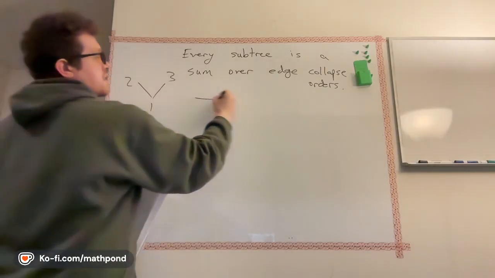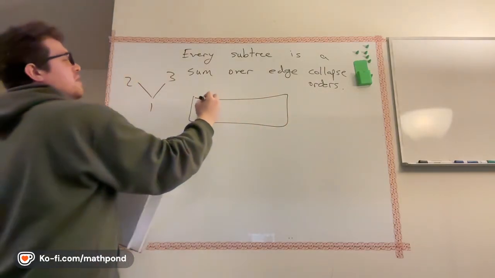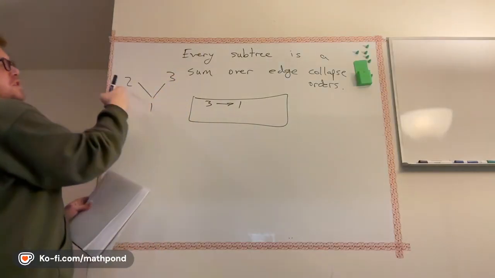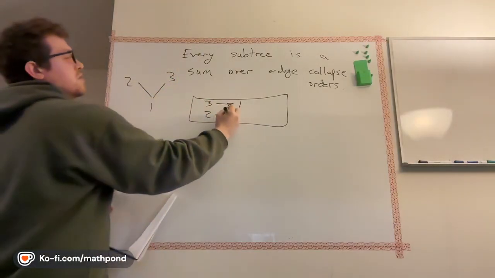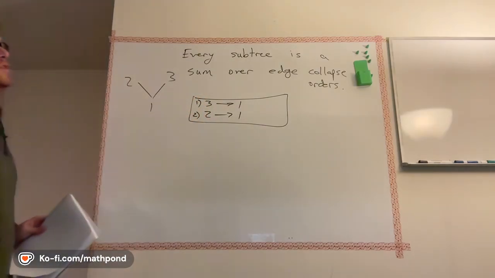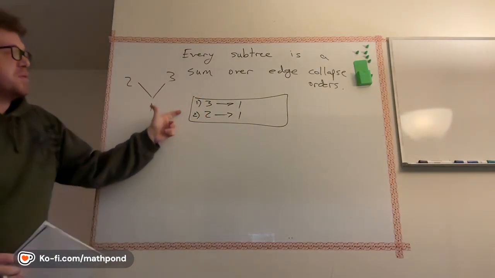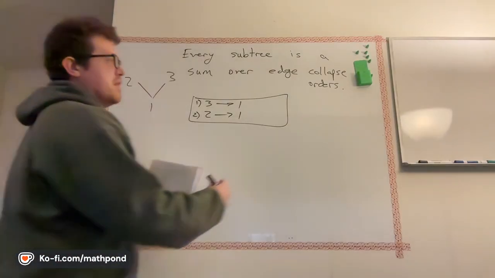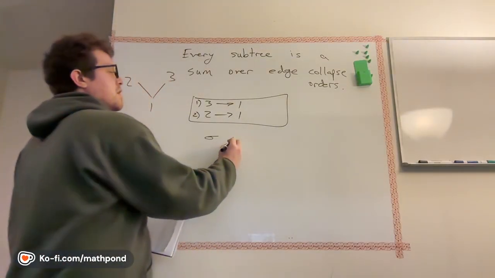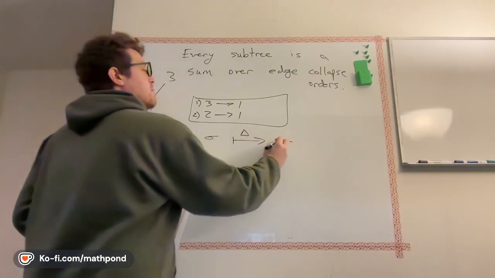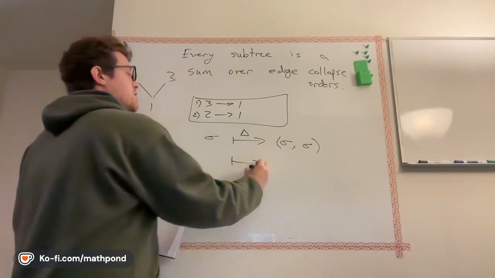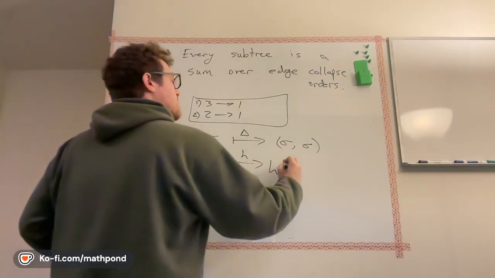So one particular collapse order is 3 collapses into 1 first, then it's just 1 and 2, and then 2 collapses into 1 after. So this is the first collapse, this is the second collapse. And for this particular collapse order, the sequence of maps that we have to take the dual of is, sigma gets mapped to sigma comma sigma. Then we map it to H, so H of sigma sigma.